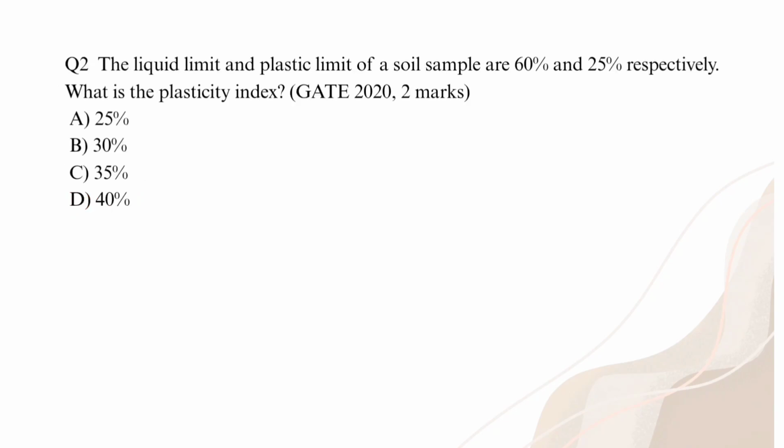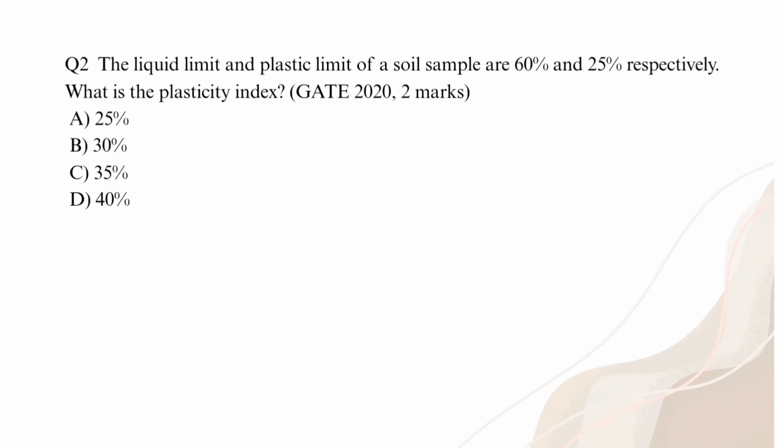Now the next question, question number 2. The liquid limit and the plastic limit of a soil sample are 60% and 25% respectively. What is the plasticity index? This question was asked in GATE 2020 for 2 marks. The options are: option A 25%, option B 30%, option C 35%, option D 40%.